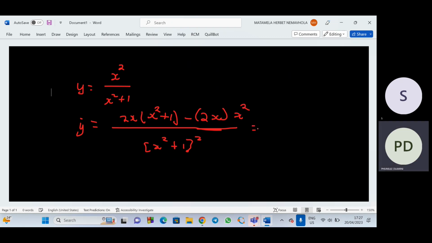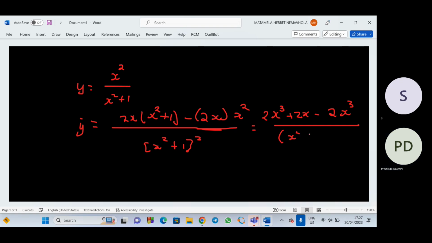For the final answer, we take 2x times x squared plus 1, which gives 2x cubed, and 2x times 1 gives plus 2x. Then this gives minus 2x cubed, over x squared plus 1 squared.